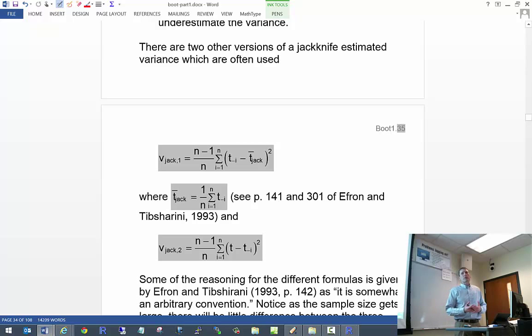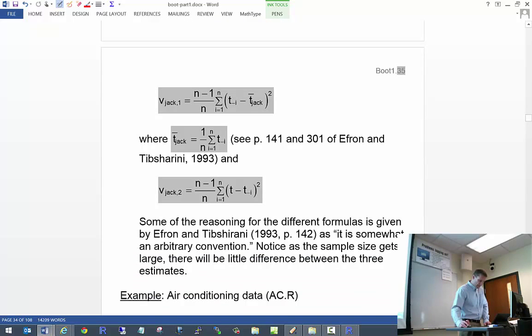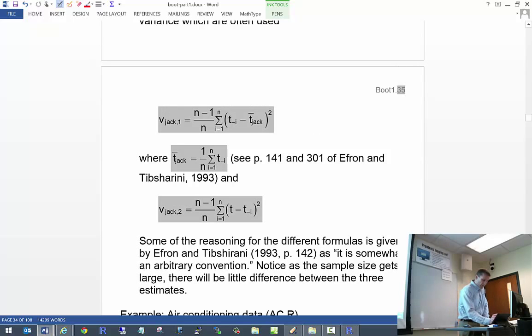Now, I do want to mention that there are two other ways that you will often see people use the Jackknife to estimate a variance. Let's talk about it in order. What I call VJAC1, I'm not going to use these at all in our course, but I do want to point them out. In front of the summation, you have n minus 1 over n.